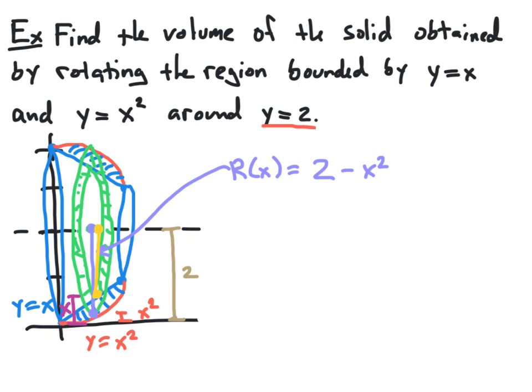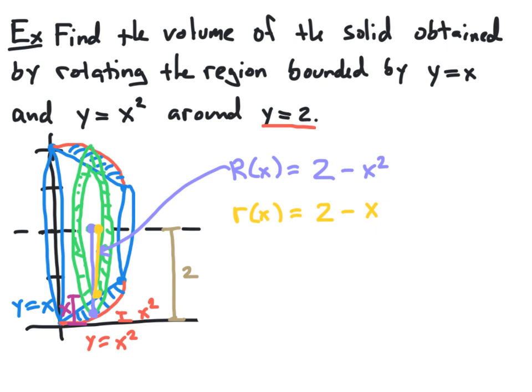Using this along with the distance from the line y equals 2 to the x-axis being 2, we see that our inner radius is going to be 2 subtracted by the value of x. So here we have the gold bar of 2, removing the dark purple bar of length x to obtain the yellow bar of length 2 minus x. And so here are the two radii for our washers in this example.